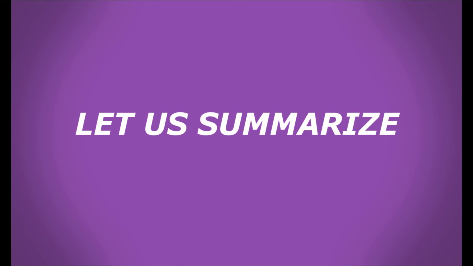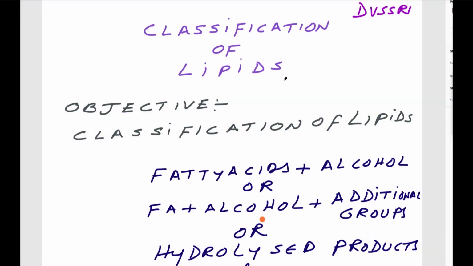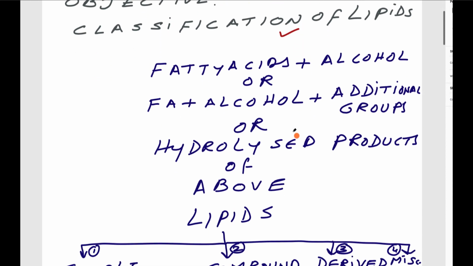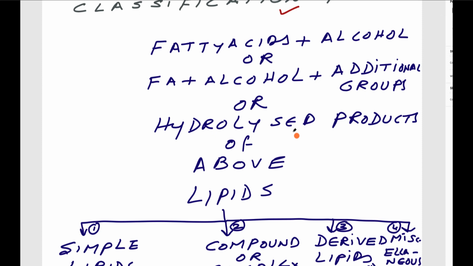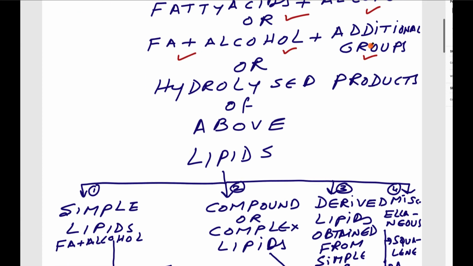Let me now summarize. In this session, we have taken up the classification of lipids. The objective was that at the end of the session, the learner shall be able to classify lipids. Before that, we explained the different combinations: fatty acids plus alcohol, or fatty acids, alcohol and additional groups, and hydrolyzed products of both.